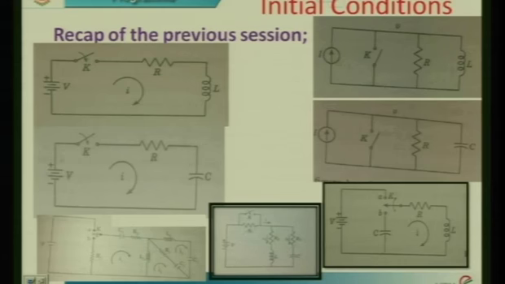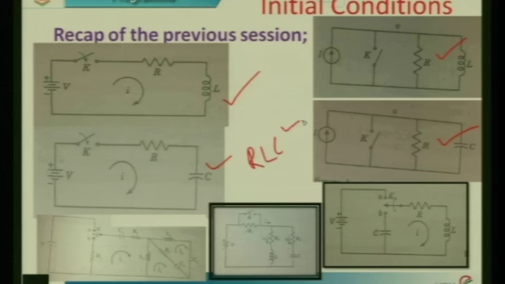We have gone through a simple RL circuit. We have taken RL parallel, we have taken RC, we have taken RC parallel. After this we went through a series RLC.